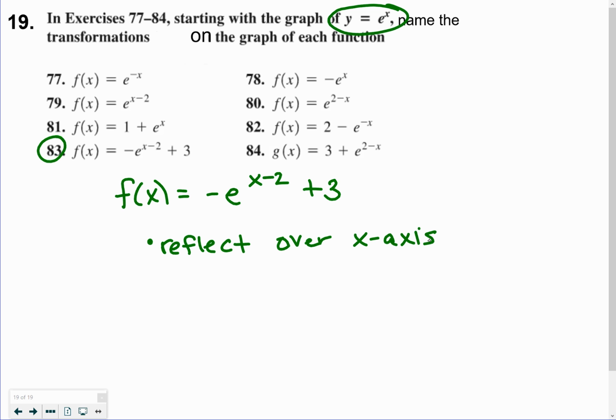If you have a negative in front of the x, inside the exponent, that would be a reflection over the y-axis. I have a -2 inside the exponent, so that means inside the function. Whenever you have a -2 in the function, what does it do? Right, moves it right 2. If it was a plus, move it to the left. And then finally, we have a +3 at the end, which moves us up 3.